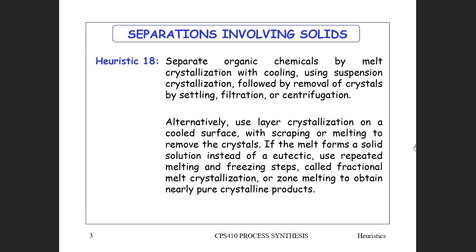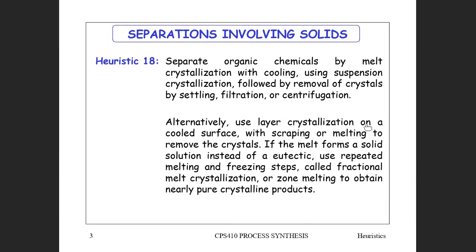So yeah, separation always involves energy, and the smallest amount of energy you'll use is by melt crystallization, because you can get your separation, and all you have to do is to remove that heat of phase change from solid to liquid, or liquid to solid. Okay, so this heuristic is just saying, if you can use crystallization over column distillation, then do that.